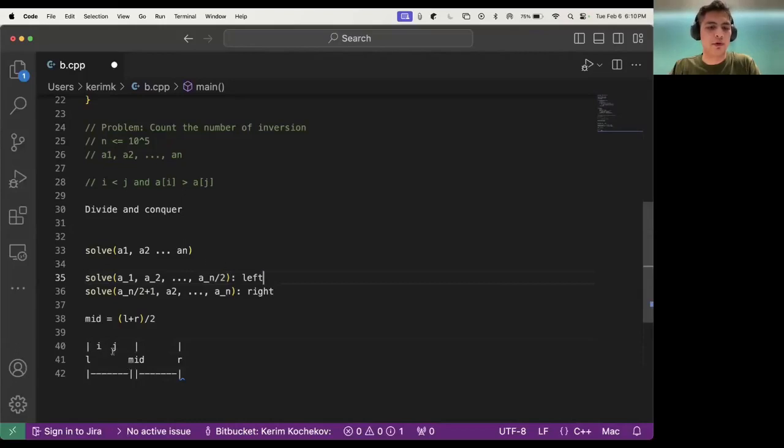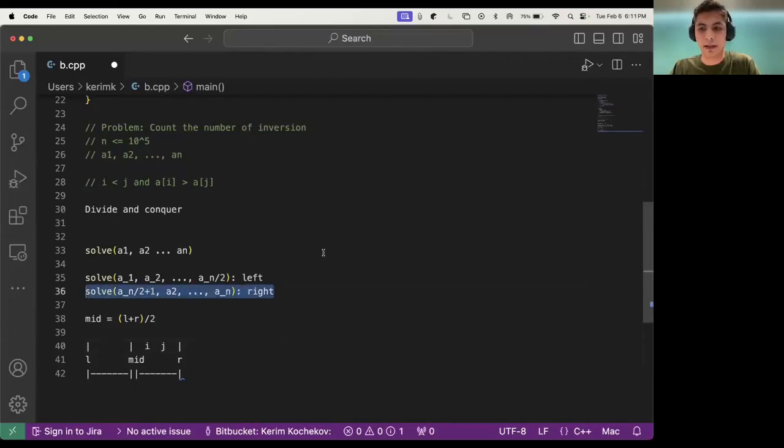Because both of the endpoints are inside this array, we can be sure that the i's and j's that lie inside this part will be solved and counted. Same for the other part: if i and j lie in the second half of the array, this will be counted in the right part of the solution.